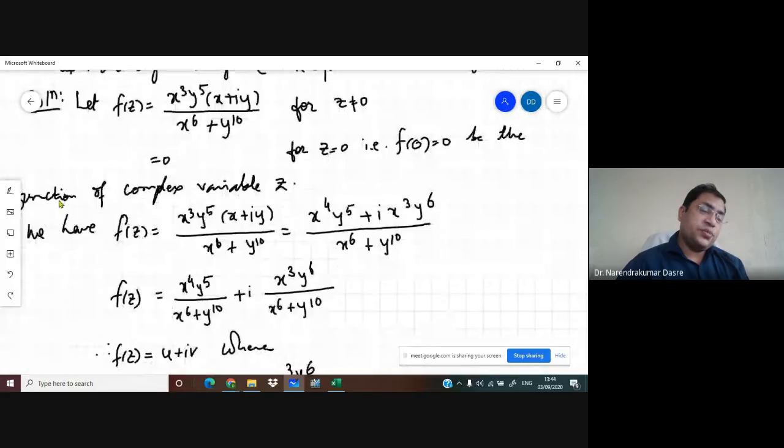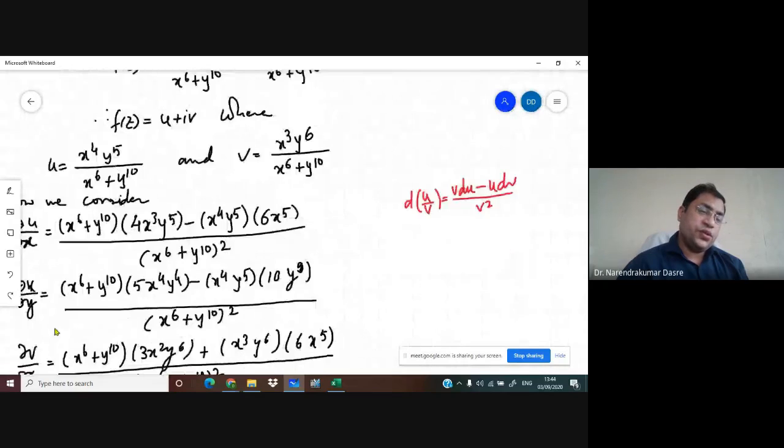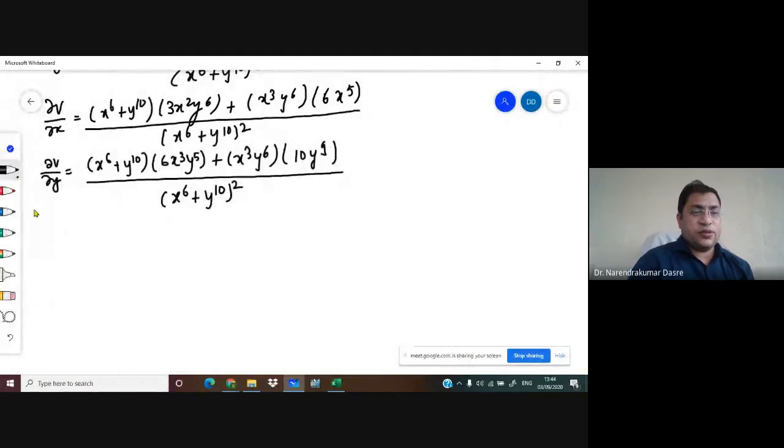So what does it mean at z = 0? When you say z = 0, it is obvious that its real part is 0 and imaginary part is 0.